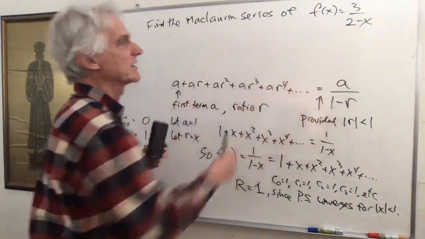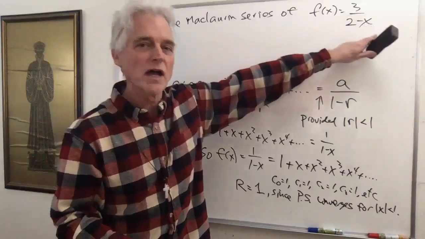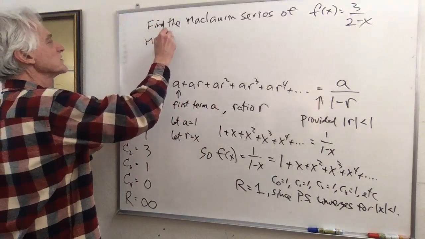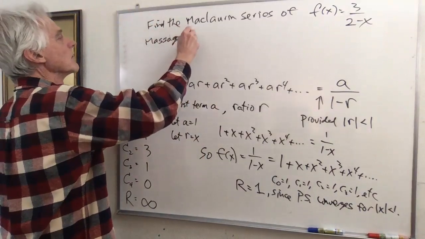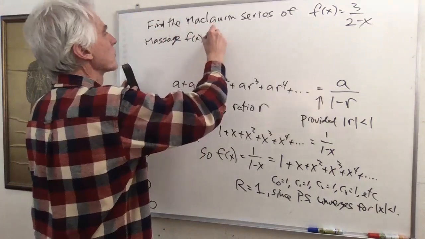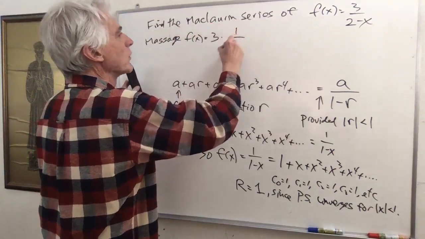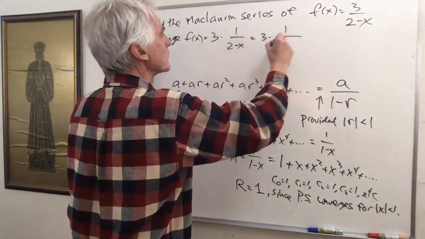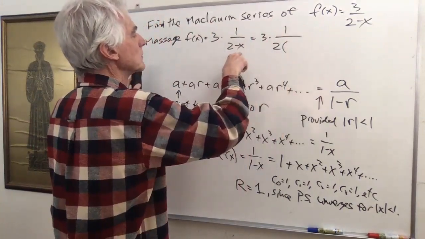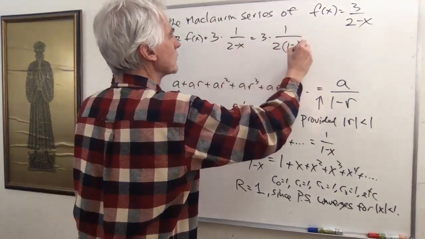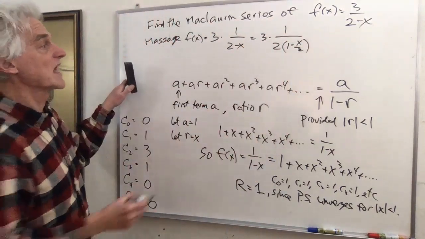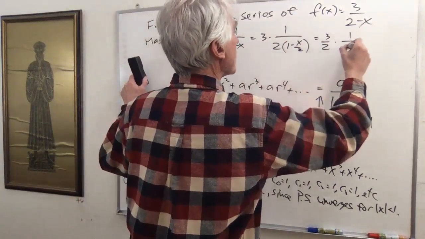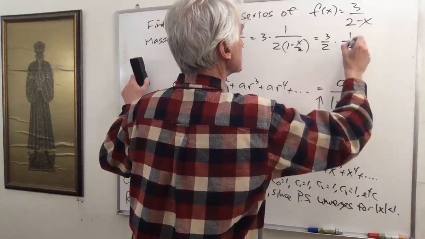And you notice the A is there, but this isn't 1 minus something on the bottom. So what you have to do is massage this and write it as 3 times 1 over 2 minus x, or 3 times 1 over 2 times 1 minus x over 2, right? See that? Or 3 halves times 1 over 1 minus x over 2.